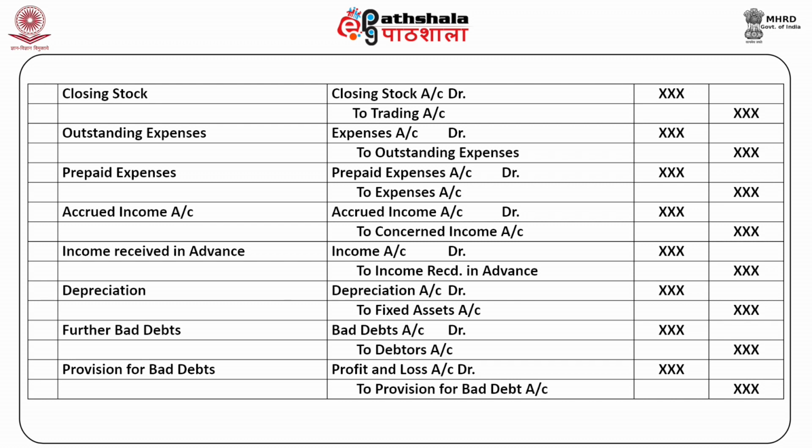Income received in advance, income account is debited to income received in advance account. Depreciation account is debited to the credit of fixed assets. Further bad debts account is debited to the credit of debtors account. Provision for bad debts. Profit and loss account is debited to the credit of provision for bad debt account.